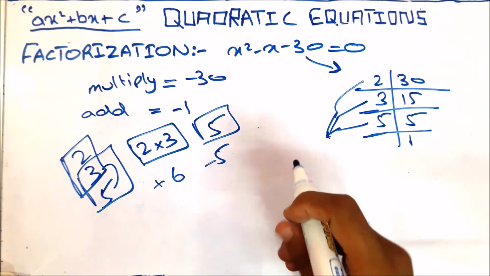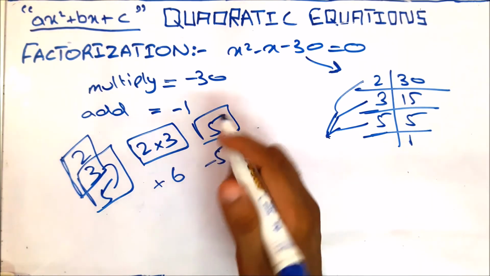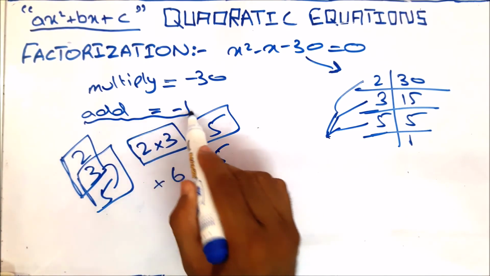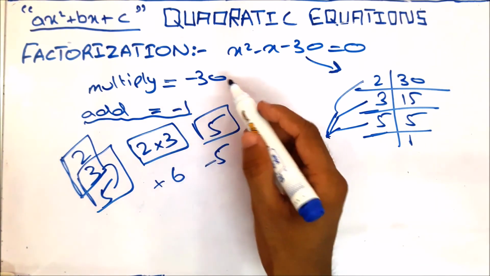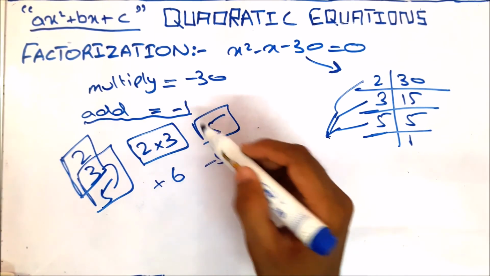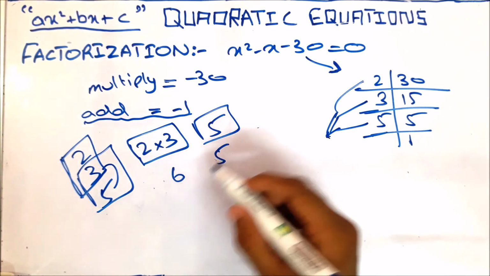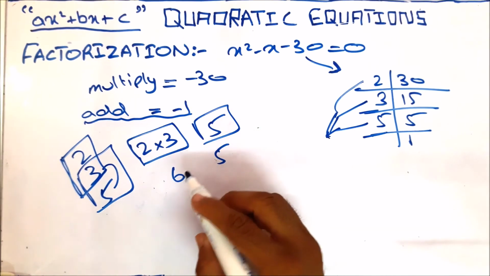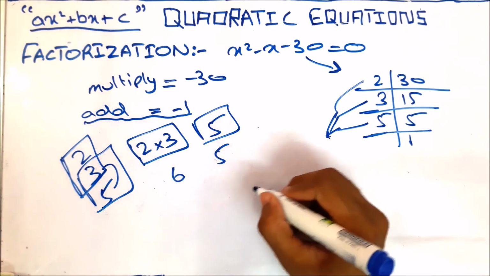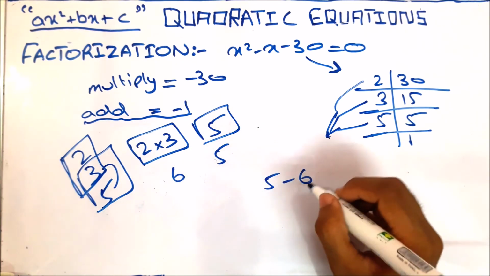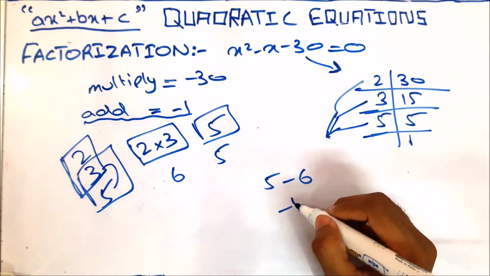So how do we do it? We need to look into this addition part. We at least found our numbers to get 30, so we need a minus 1. How do we get a minus 1 out of 6 and 5? The obvious way is to subtract 6 from 5. 5 minus 6, we get minus 1.